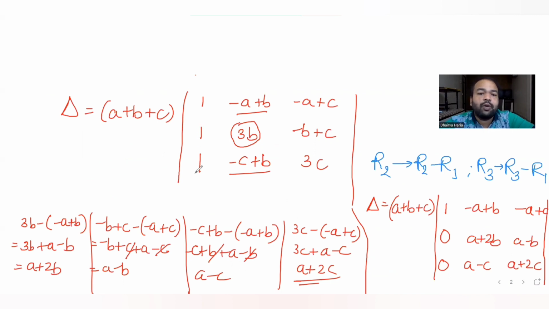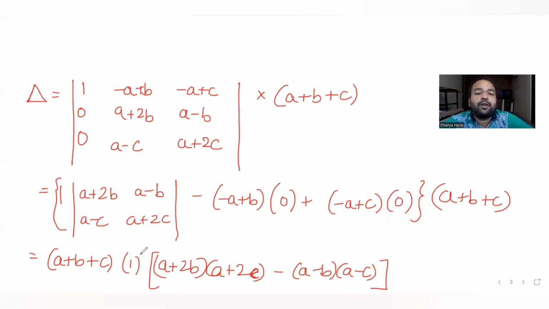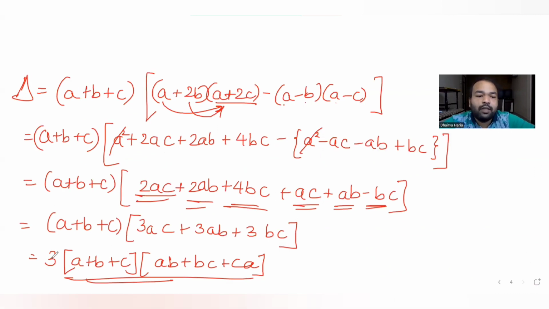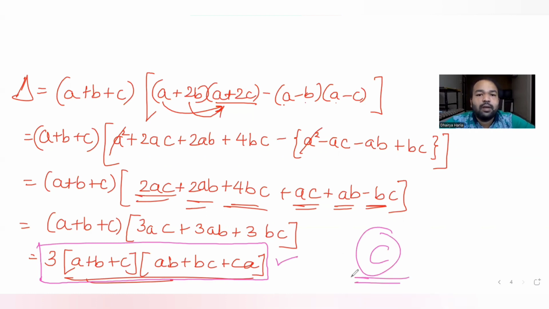To make those entries 0, we used the row transformations R2 minus R1 and R3 minus R1. That led me to the value of the determinant, which is 3 times a plus b plus c into ab plus bc plus ca. And the correct answer in this question was C.